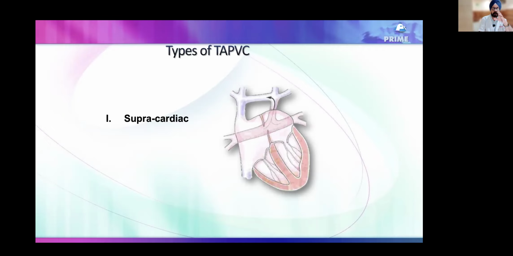The most common drainage of that chamber is into the brachiocephalic. And how does it drain? It drains through a connecting vein, which we call a vertical vein. Whether it goes up or down, it's called a vertical vein. So all pulmonary veins draining there form a chamber, and then you get a vertical vein draining. So where the vertical vein drains decides which type of TAPVC it is.